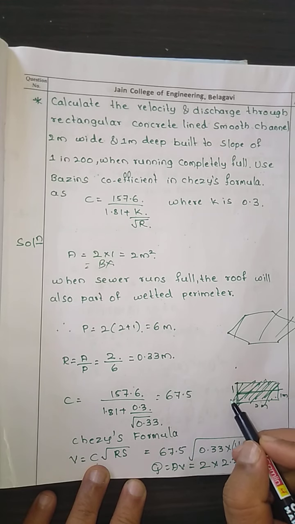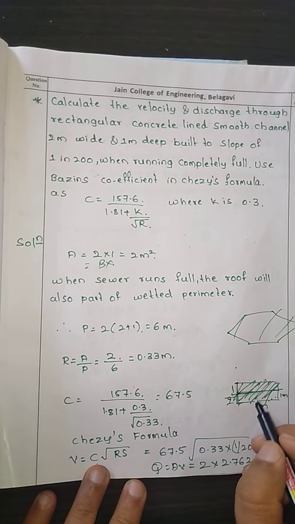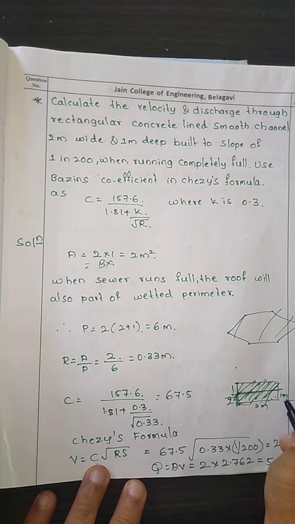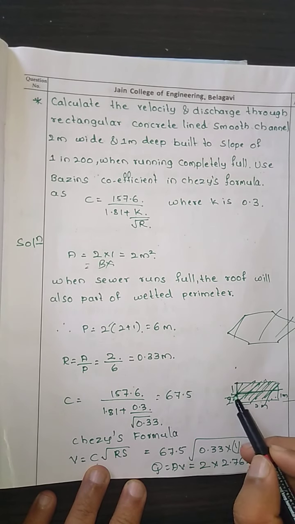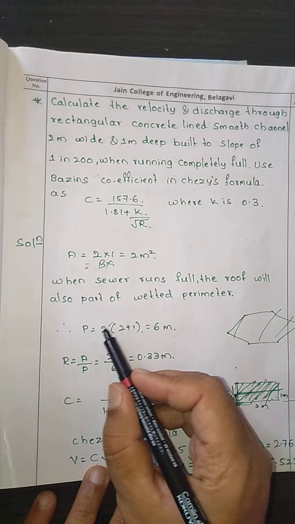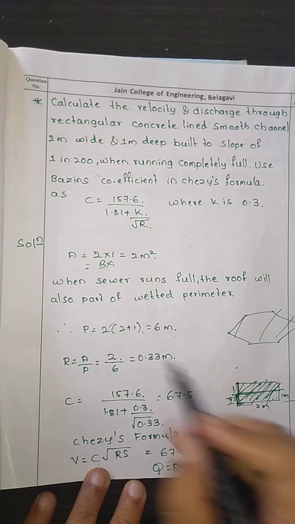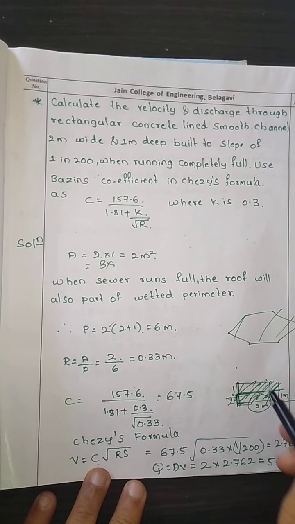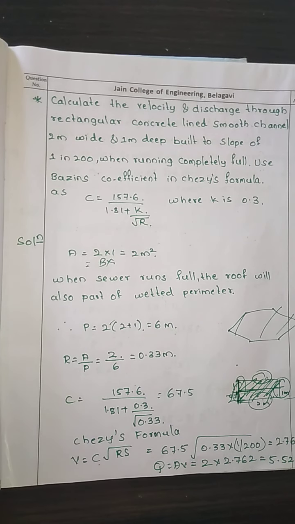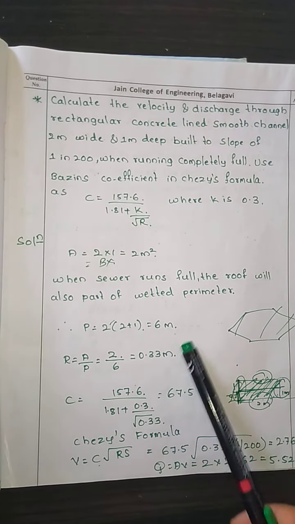If it were half full, we would have taken it as only 2 and 1, but here it has two sides, the width here also, the depth here also, so it is completely wetted from 2 sides. So perimeter is 2 plus 1 into 2, because it is going to cover the entire area: 2 times the width, bottom and top, and depth on both sides. So it is 2 into 2 plus 1, which is equal to 6 meter.